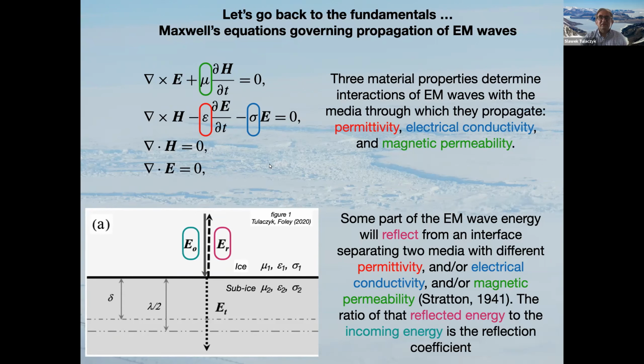You can have an interface across which the permittivity is the same, but one of the other quantities differ, and you will get a reflection of some amount of EM wave energy that depends on where the reflection energy is right there, and this is the incoming energy. And it depends on, just like with permittivity, the magnitude of the contrast in either the electrical conductivity or magnetic permeability.